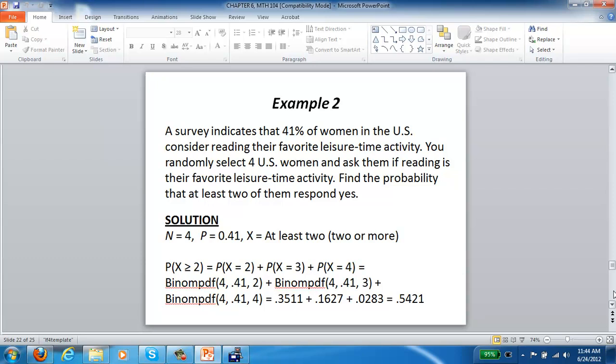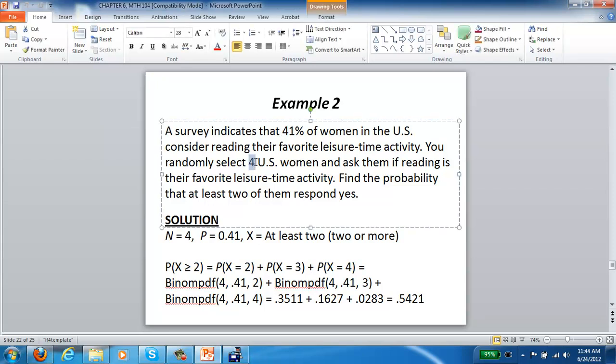For the second example, the probability of success is 0.41, the sample size is 4, and the problem says find the probability that at least 2. At least 2 means what? Greater or equal than 2. So greater or equal than 2 means 2, 3 and 4, and we have to stop at 4. Why?